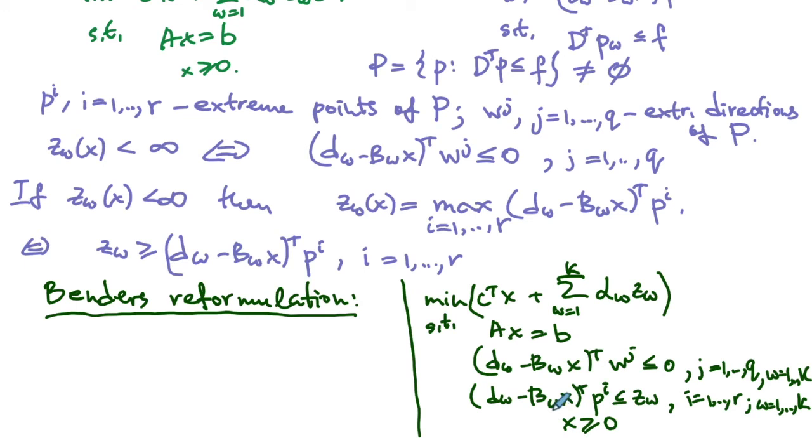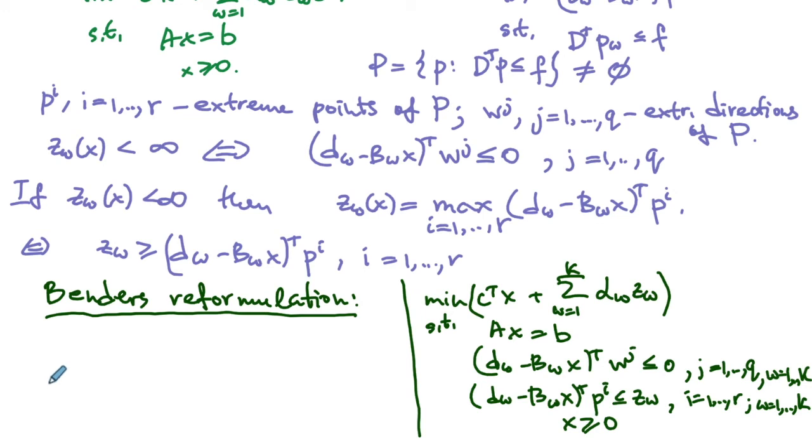Therefore, instead of spelling out the whole Bender's reformulation, we will only specify a few of these constraints and then generate the remaining ones that are necessary as we need them. So essentially we are going to drop most of these constraints, and as a result we will obtain a relaxed problem, because whenever we drop constraints we relax our feasible region, and this resulting problem we will call the relaxed master problem.